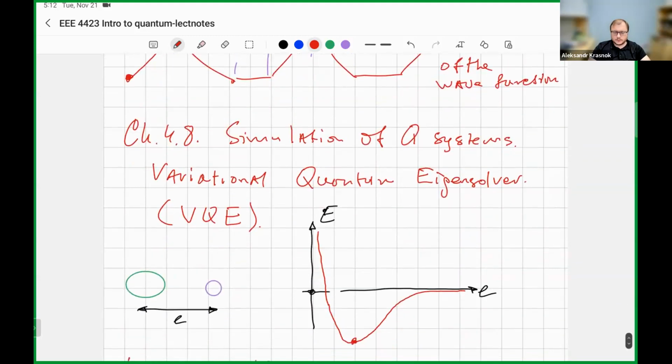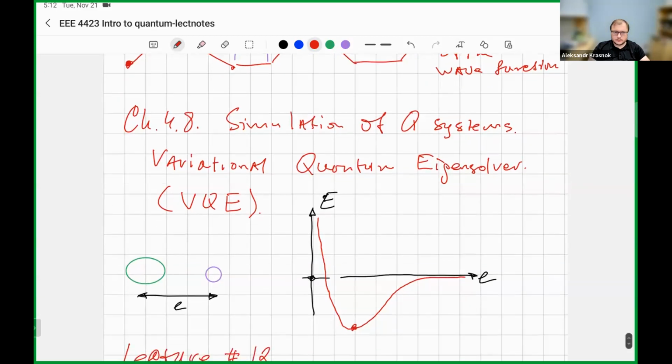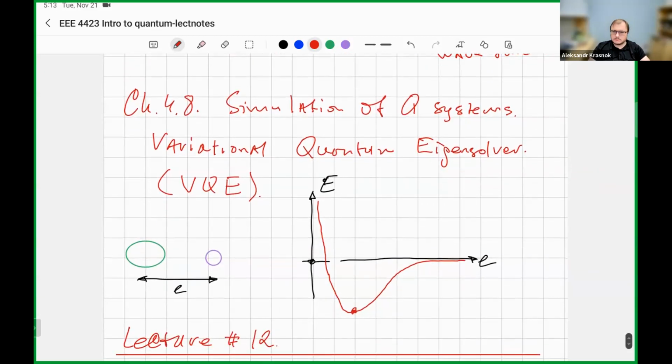And there is, of course, a large body of work dedicated to simulation of quantum systems using quantum computers, and this is maybe my favorite part of this research, because it will allow us to calculate the spectra of large molecules.